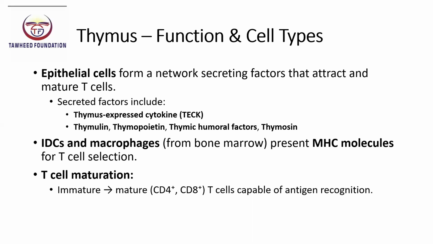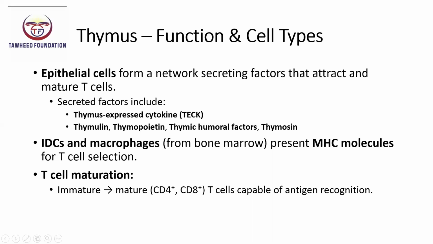The interdigitating dendritic cells, that is IDCs, and macrophages assist by presenting self-MHC molecules during this process. The result is a pool of mature CD4 plus helper and CD8 plus cytotoxic T cells that can recognize foreign antigens in the context of self-MHC, a cornerstone of adaptive immunity.